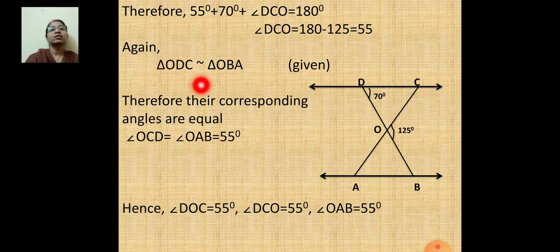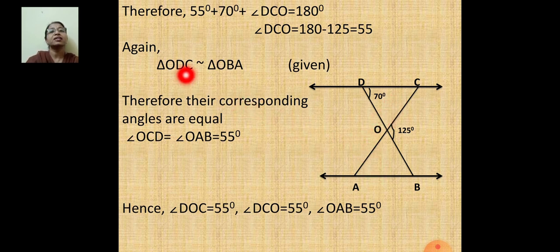But it is also given that triangle ODC is similar to triangle OBA. So children, when triangles are similar, their sides are in proportion and their corresponding angles are equal. So angle OCD is equal to angle OAB.